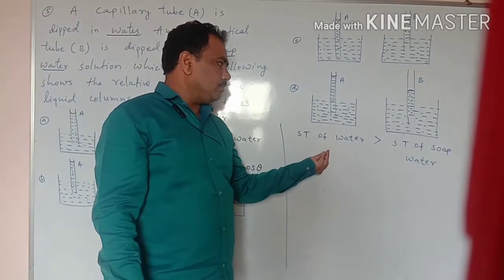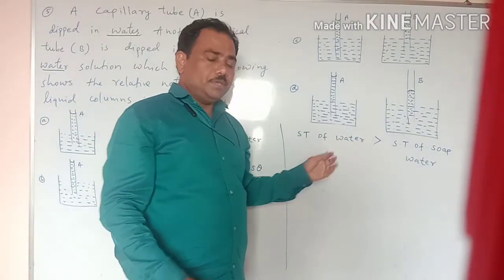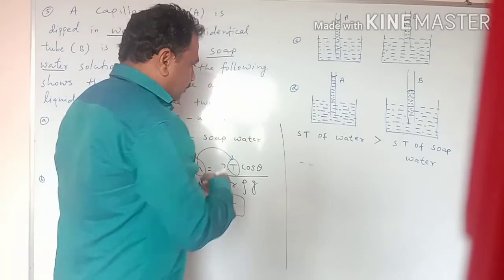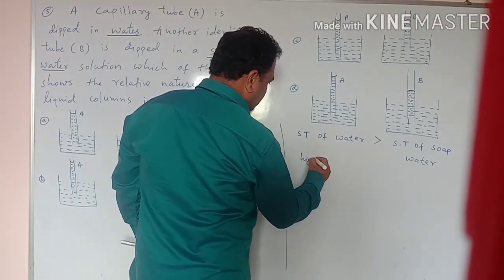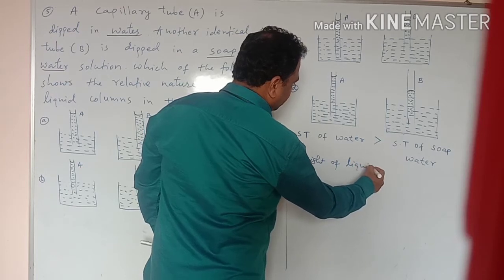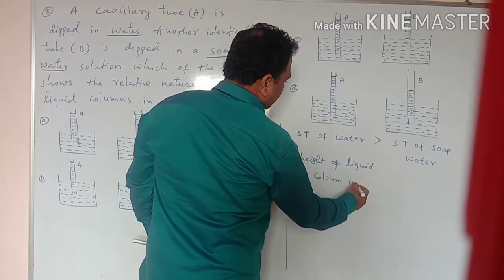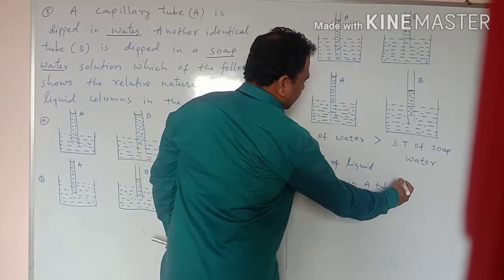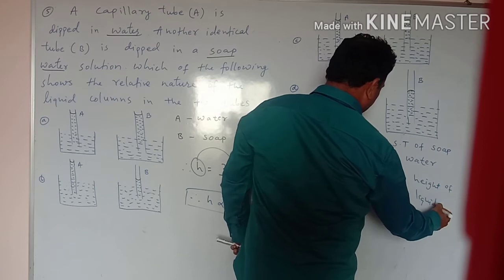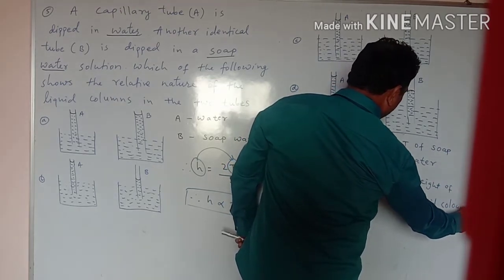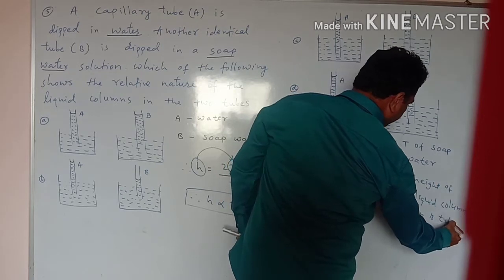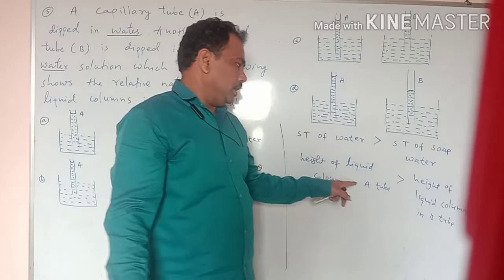It means that the height of the liquid column in tube A is greater than the height of the liquid column in tube B, because in tube A there is water and in tube B there is soap water.